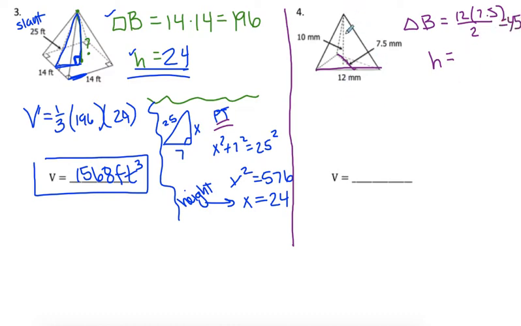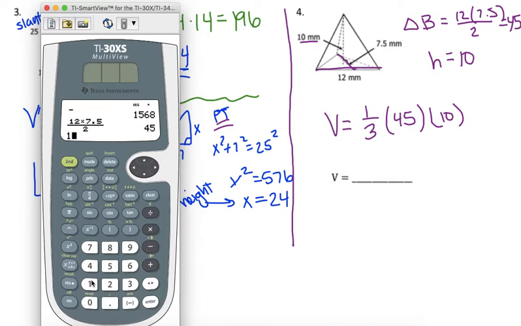All right, the height, we didn't have to do Pythagorean theorem. They were already giving us the apex, the center of that triangle, is 10. So I can go to my volume formula, 1/3 area of the base times height. And in my calculator, I can go 1/3, because it's not a full prism, it's 1/3 of one.